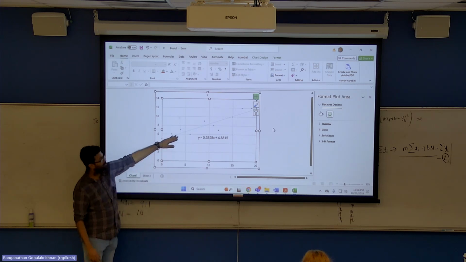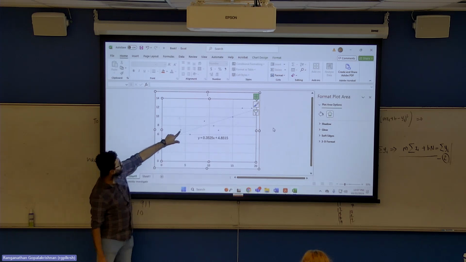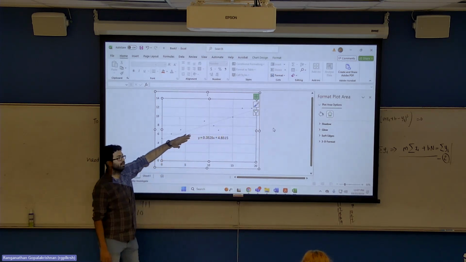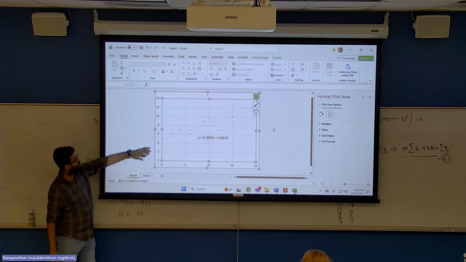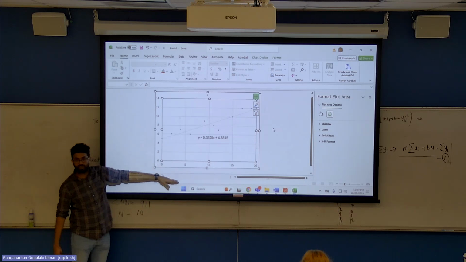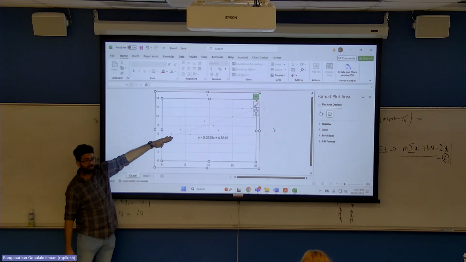It won't pass through every data point, because it can't then be a straight line. In order to have a linear fit or a linear trend, what this means is, on average, it describes the variation in Y with respect to X. It doesn't explain the variation of every single point, but rather the entire population or entire set.